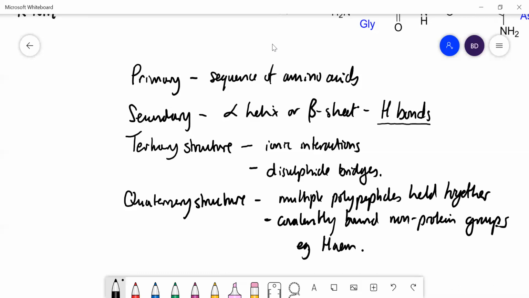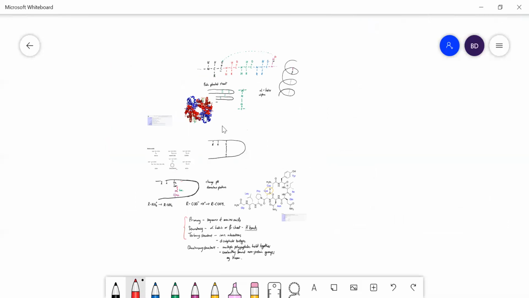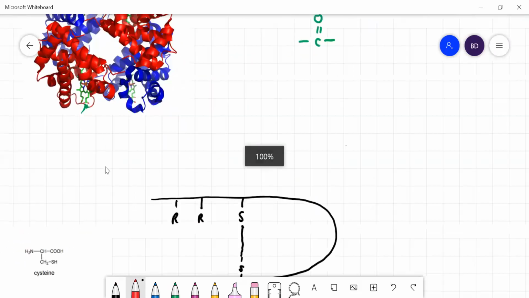Okay, and I think in the AQA specification, it only really talks up to tertiary structure. It doesn't mention quaternary structure, but you've probably heard of quaternary structure, particularly if you do biology. So let's just have a quick look at hemoglobin again. So here's our hemoglobin molecule there, right?